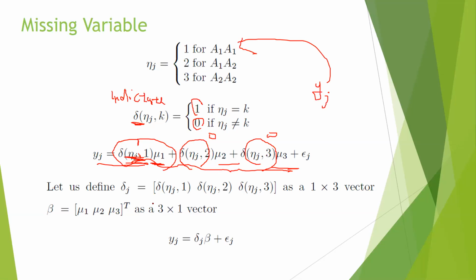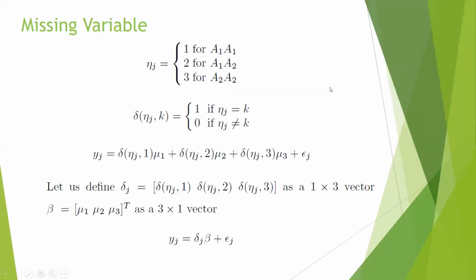Sorry, Professor. Yj here is a probability function, right? Yj is a probability function. So could you say that again? Let me erase this first, and then your question is why this yj, right?